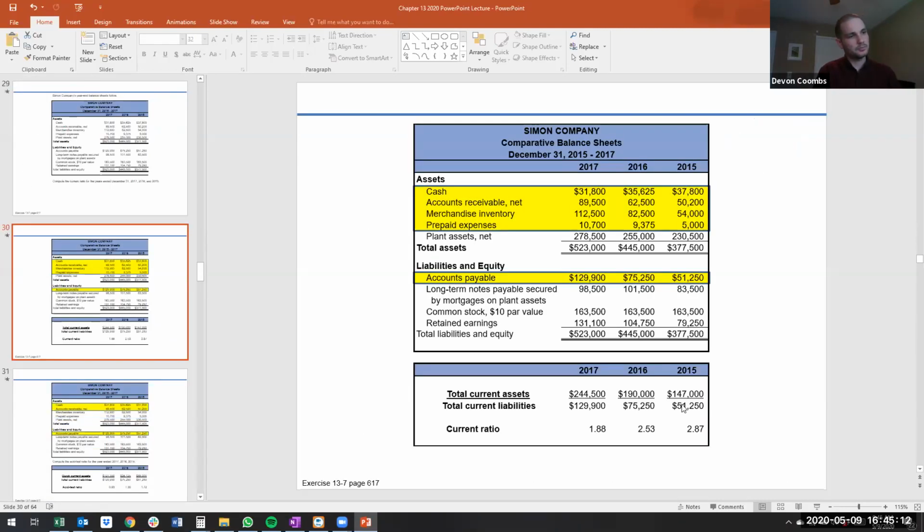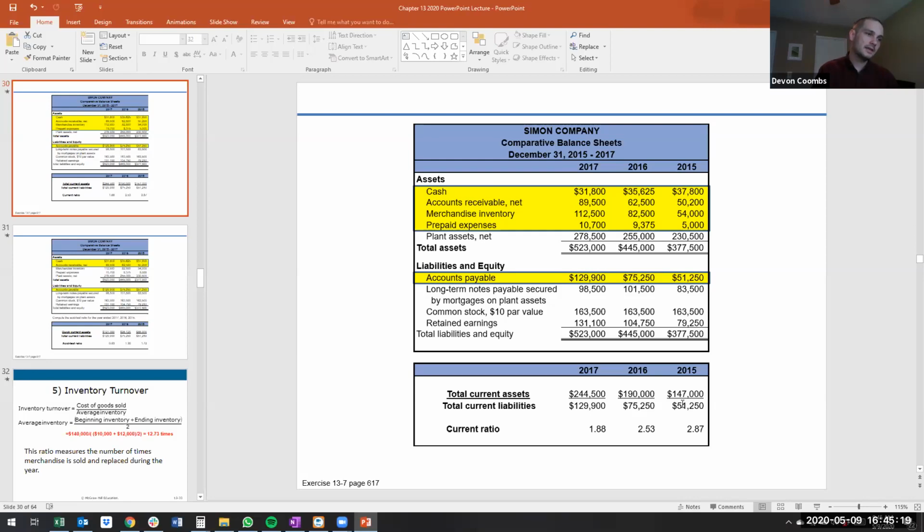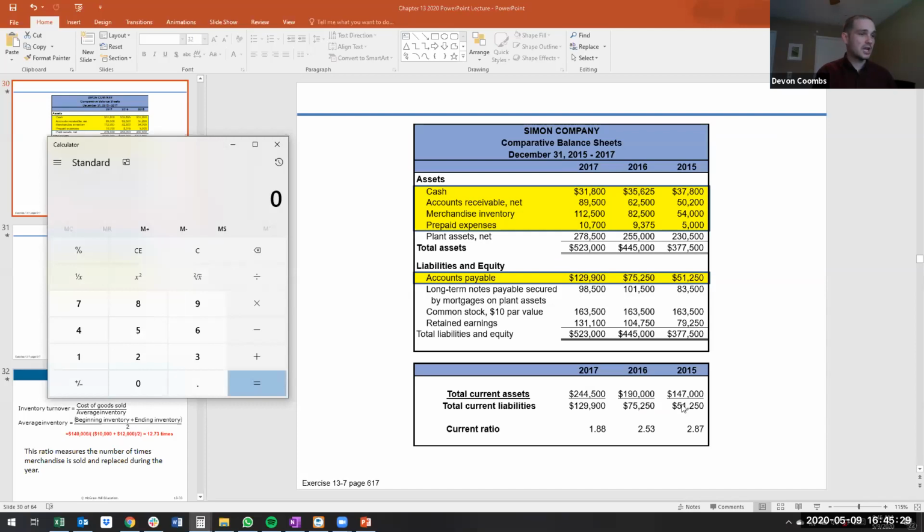And so here's a perfect example where I could just ask you to calculate each one of the ratios. So I could say, for this, please calculate your working capital, please calculate the current ratio, or please calculate the acid test. And so to calculate the current ratio here for 2017, we're taking the 31,800 plus 89,500 plus 11,500 plus 10,700.